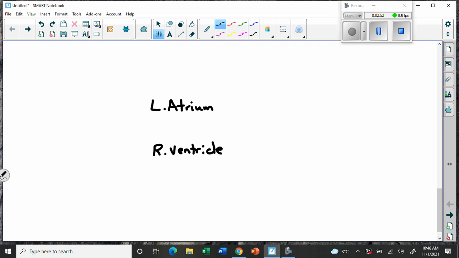And then over here, right, I'm going to put the right atrium and the left ventricle. So the ventricles are in the right position, but the atriums are sort of flipped because the left ventricle pumps everything. Eventually, it ends up in the right atrium. So to keep the chart from getting too confusing, we'll twist the heart around.